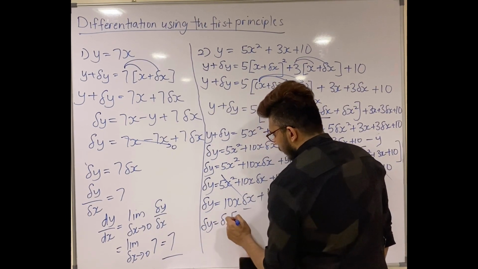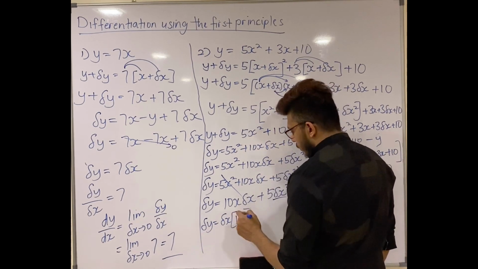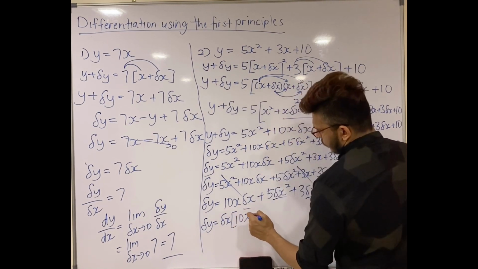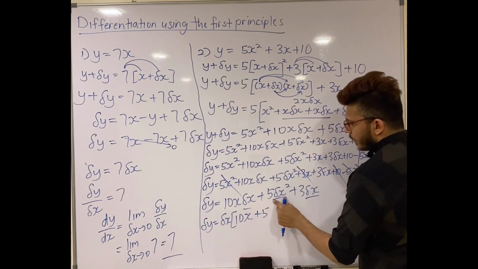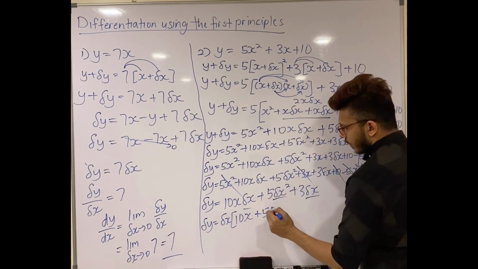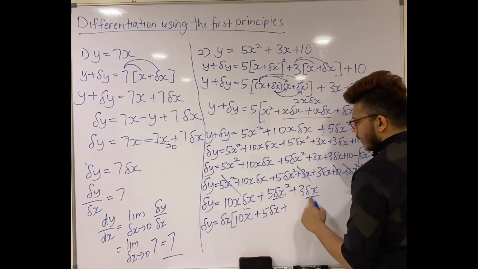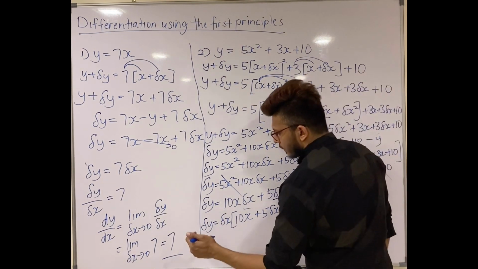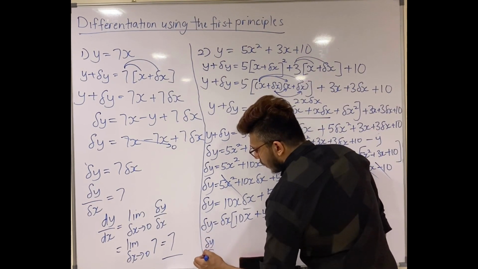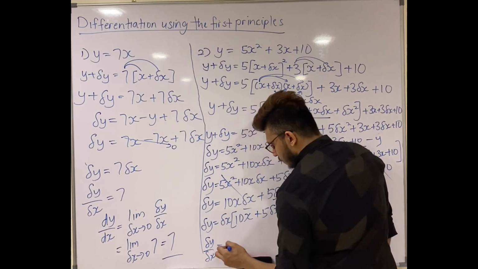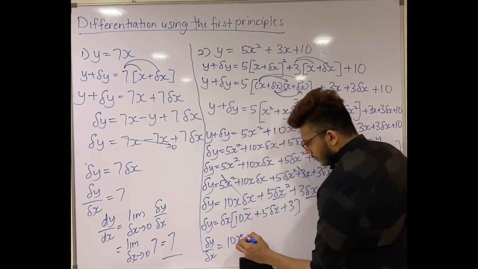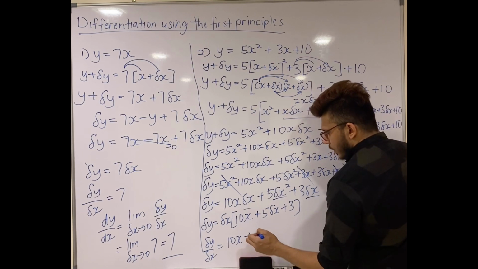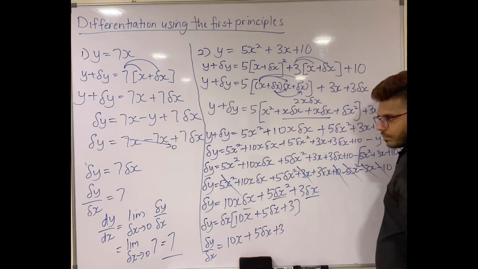What is left inside? Take the lowest power of delta x always. If 1 delta x is out, there is 1 more left, right? So that I'm going to write here. Here no more, just 3. Move this to the other side, it's going to become delta y over delta x equals 10x plus 5 delta x plus 3.